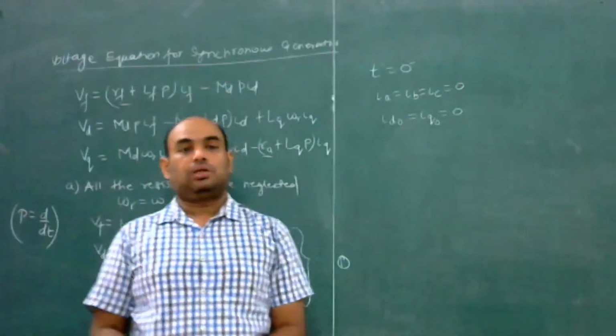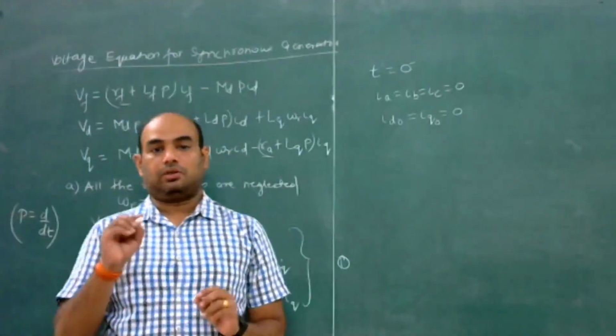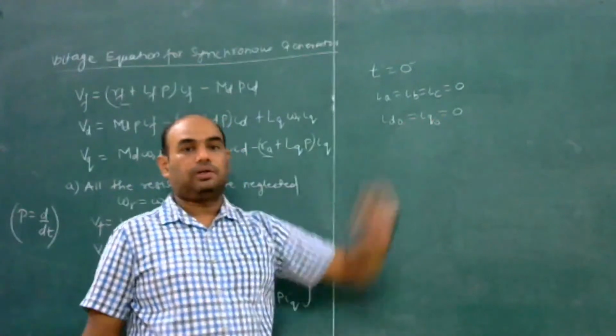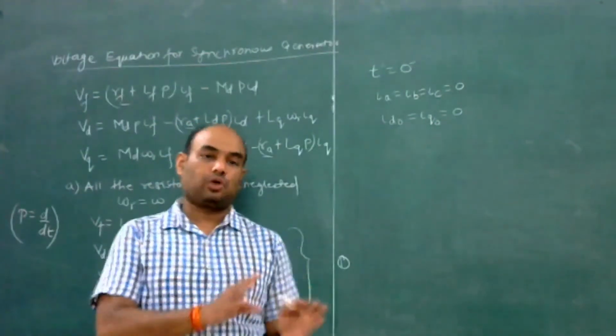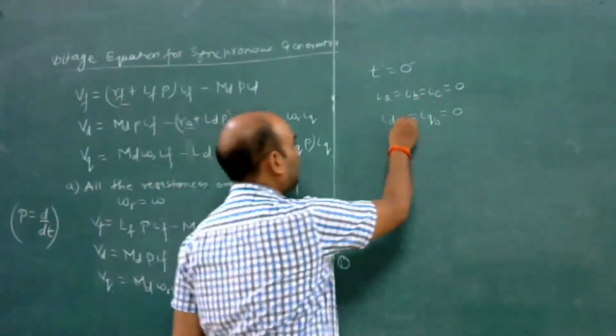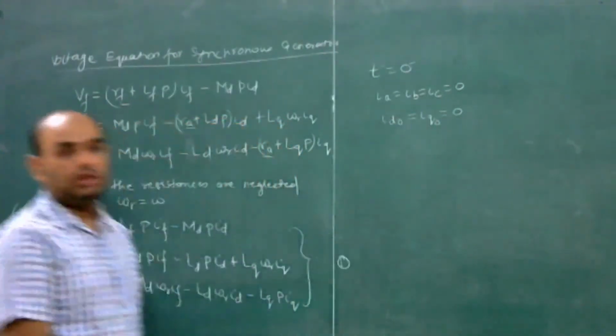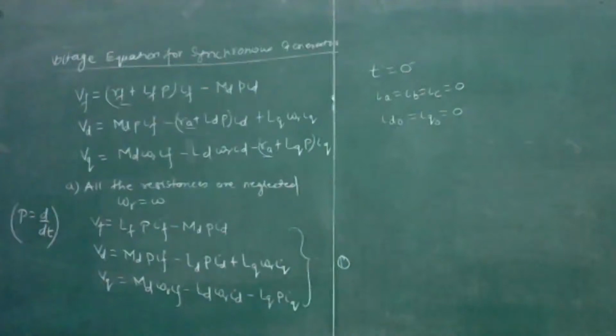The subscript naught is added to indicate the values before the short circuit.